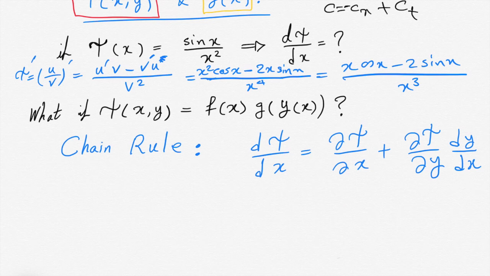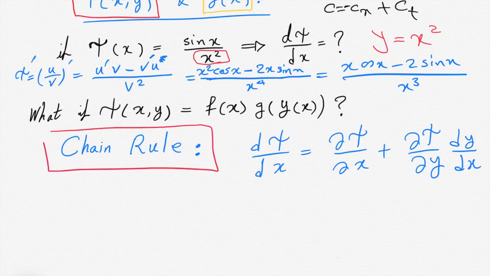So if now we have, for instance, instead of this x^2, y is equal to x^2, then how can we find it? I mean, this was just an example to show something named chain rule.